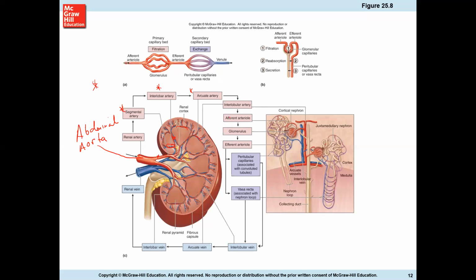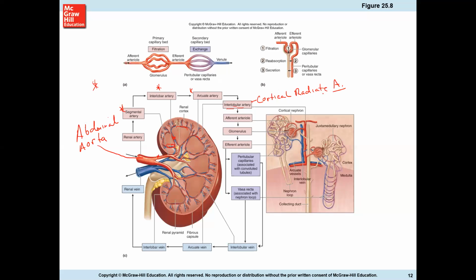And then in between, going into the cortex, is the interlobular, because lobules are smaller than lobes. So this one is also known as the cortical radiate artery. I like saying interlobular, but cortical radiate kind of tells you where it is in the cortex going towards the glomerulus. Remember to put artery, right?